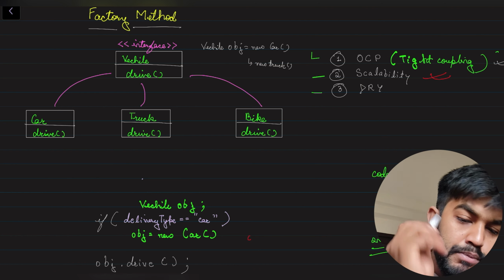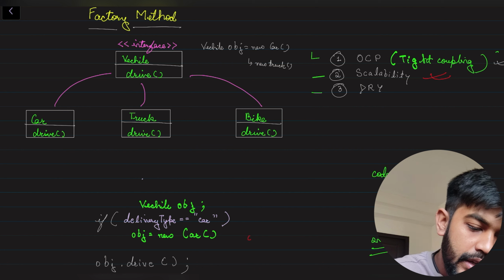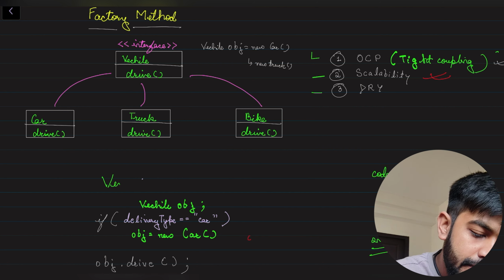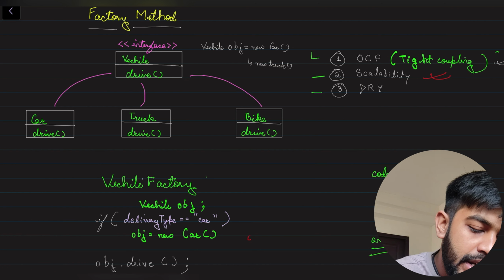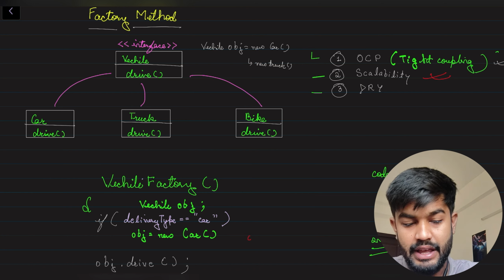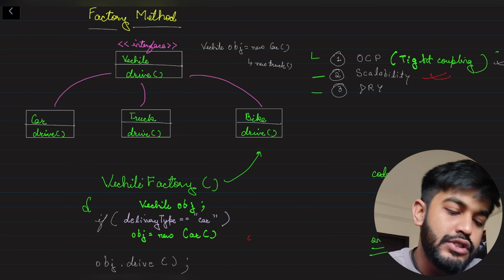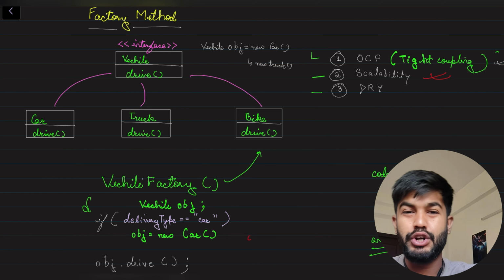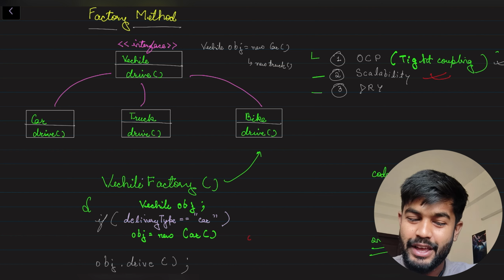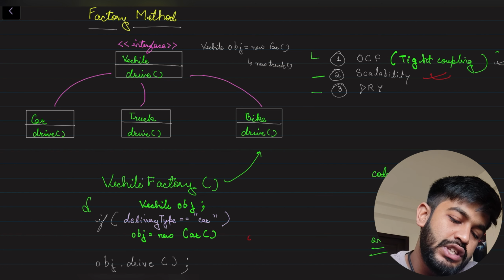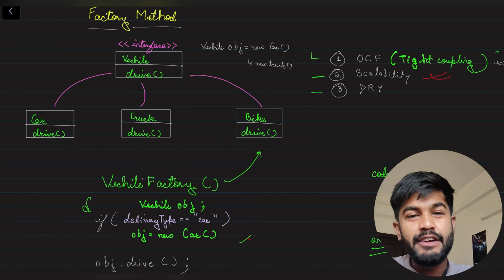If I encapsulate this logic in something like vehicle factory, if I encapsulate this logic in vehicle factory and I ship this code with this big module, now I would be the one. If I change up this vehicle factory, every client would get changed.